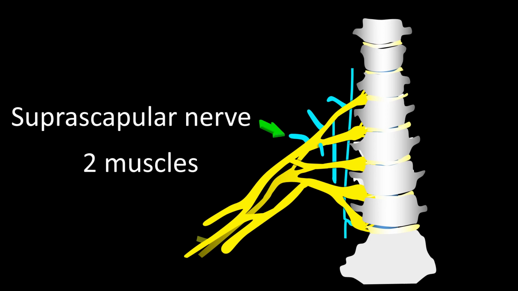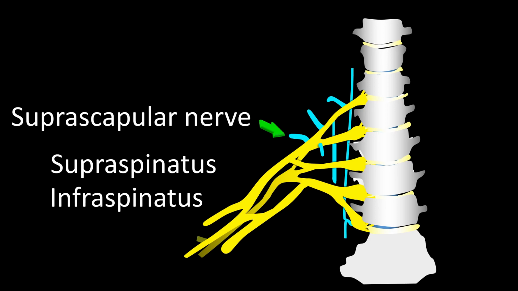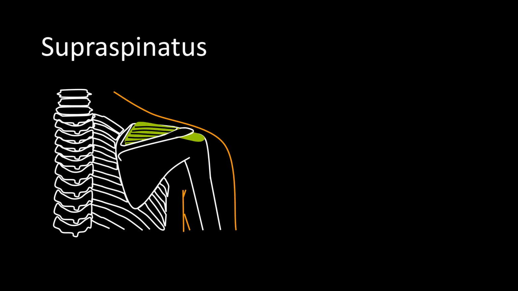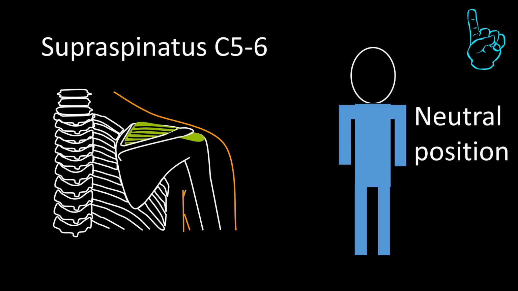It innervates two muscles, the supraspinatus and the infraspinatus. The supraspinatus is a relatively small muscle. It receives innervation from C5 and C6 spinal segments, and it has only one but very important action. The action consists of the arm being in a neutral position.